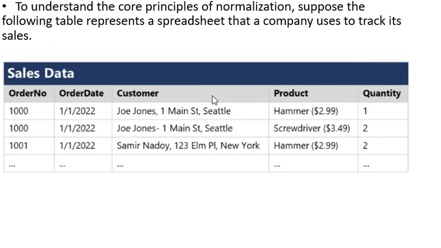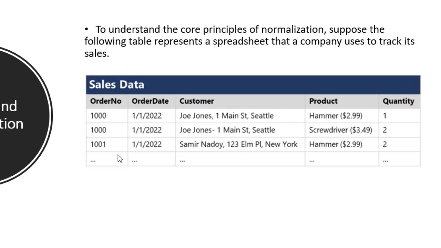This is to understand the different principles of normalization and how we do that. To understand the core principles of normalization, let's take the example of sales data. In this data, you can see that a company uses this data to track its sales. Here for order number 1,000, it has customer name Joe Jones, who has taken product hammer, 1 quantity.